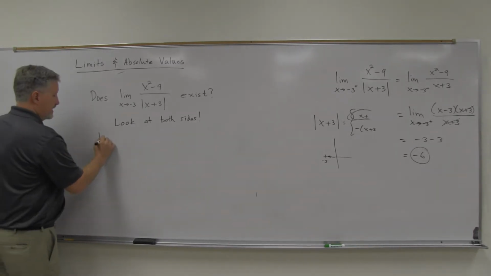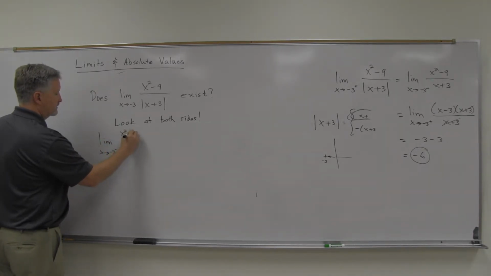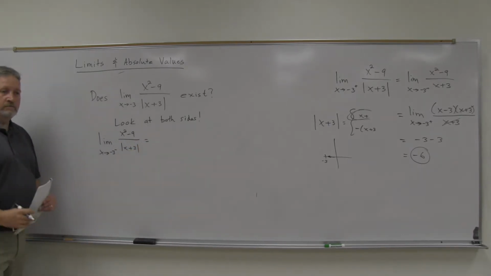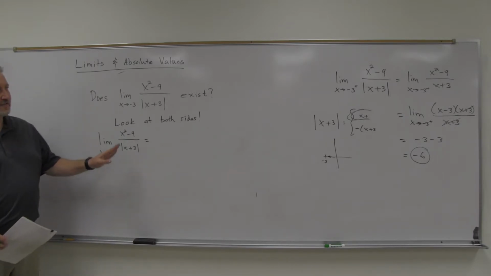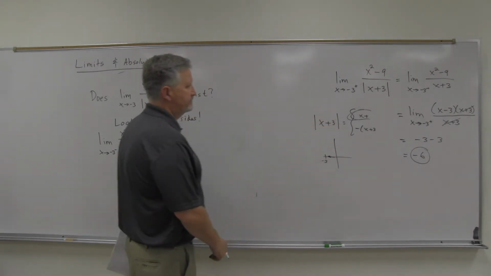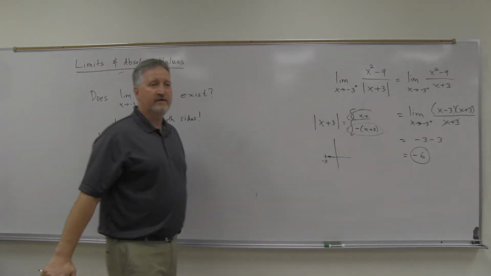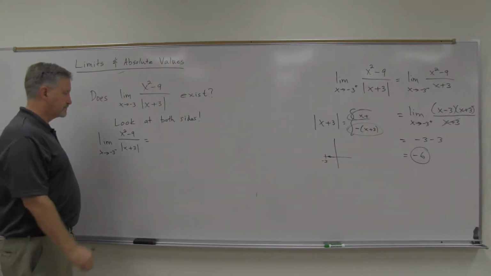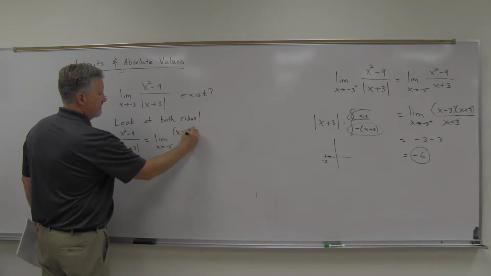So what is the limit as x approaches -3 from the left of x squared minus 9 over the absolute value of x plus 3? Well, that's from the left, so that would be from the less-than side. I erased it, but on the less-than side, I'm talking about the minus, aren't I? So this would be the limit as x approaches -3 from the left of x minus 3 times x plus 3, going ahead and factoring that top.